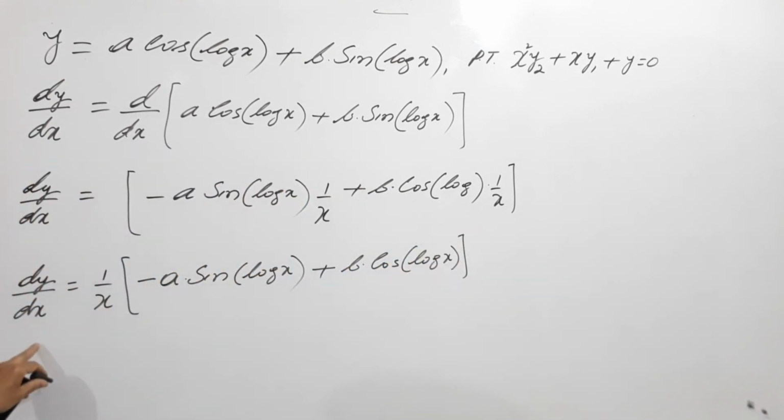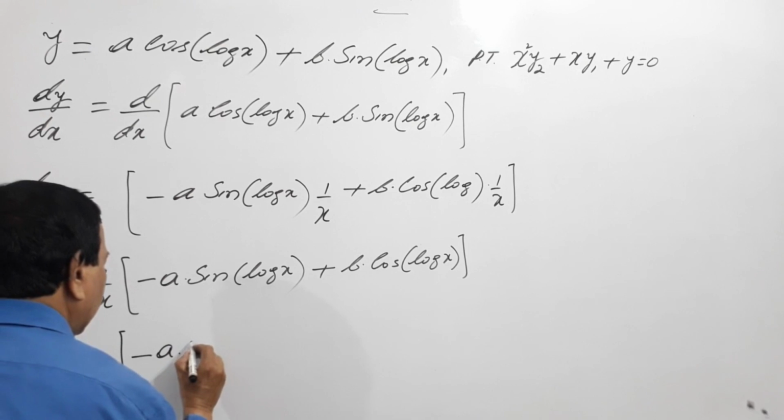I call this dy by dx nothing but y1. So instead of writing dy by dx I'll write y1. I cross multiply into x, equals what?